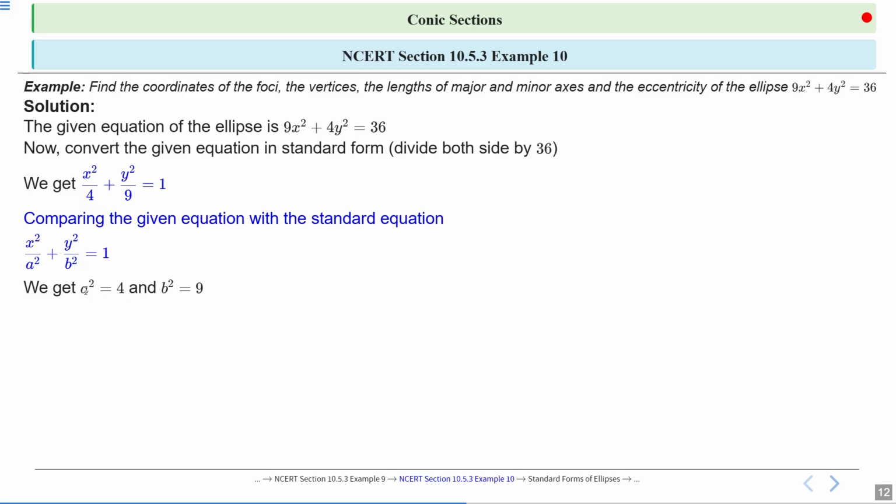If we compare, then you will obtain the values of a square and b square. So we get a square is equal to 4 and b square is equal to 9. And from here you will get a is equal to 2 and b is equal to 3.